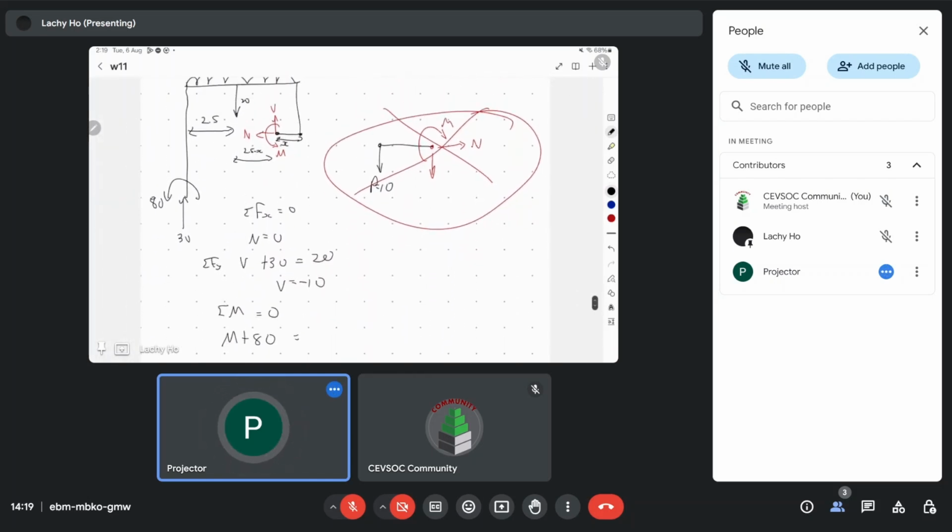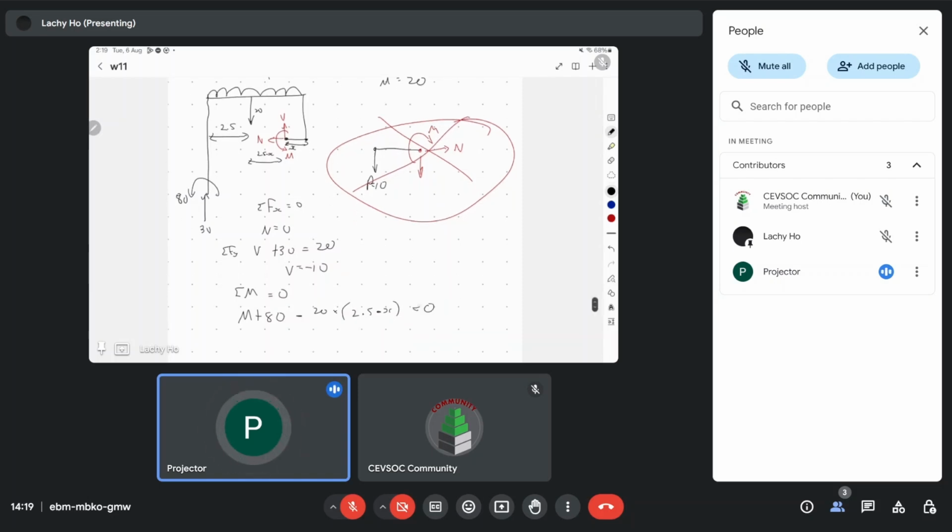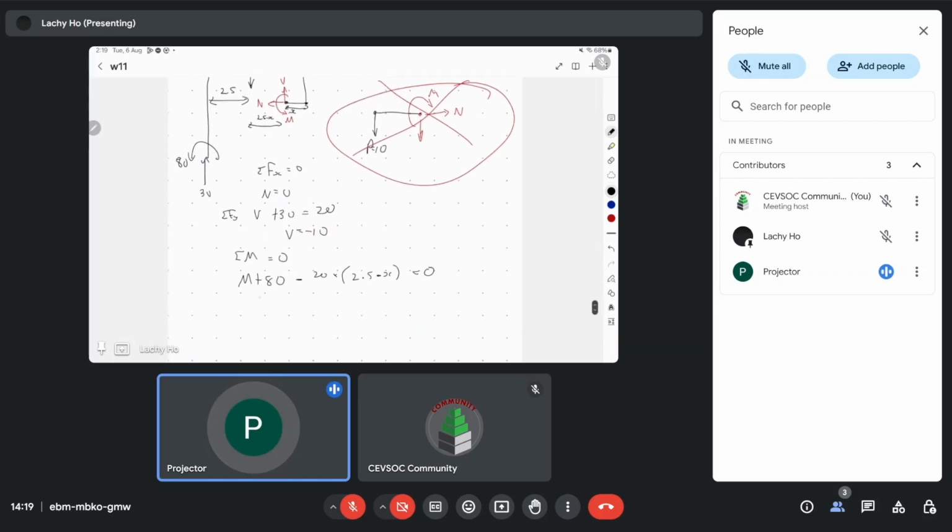So equals, oh, sorry, not equals. Minus 20 times 2.5 minus x equals 0. We'll get an answer.